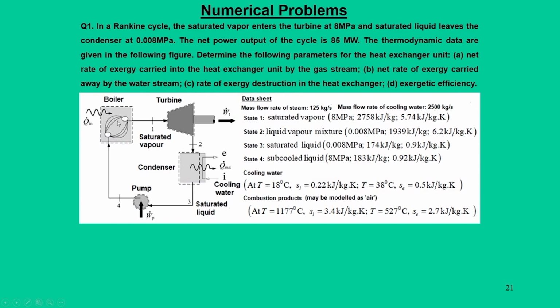We have a conventional vapor power system operating with water as the working fluid, and it operates on a Rankine cycle, and the cycle has components like boiler, turbine, condenser and pump. In our previous discussions we have done the complete cycle analysis, and based on the data given, one can find all possible points for this cycle.